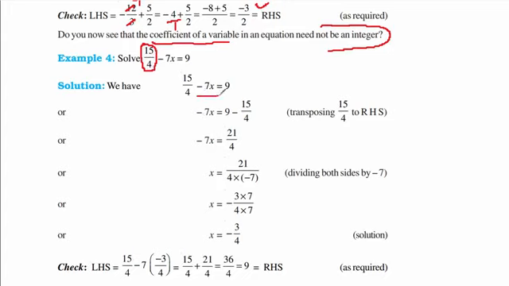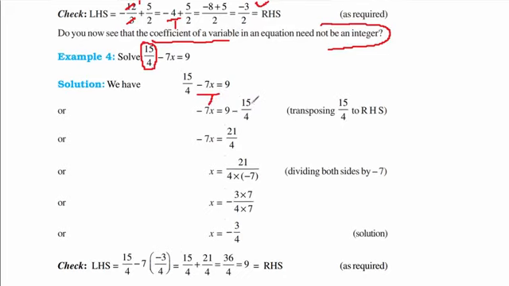So minus 7x as it is, 9 minus 15/4. This as it is, solve it. This was understood. Divide it with 1. LCM is 4. 1 4s are 4. 9 4s are 36. Minus 15 gives you 21. So this step has to be done in rough. And we got 21/4.